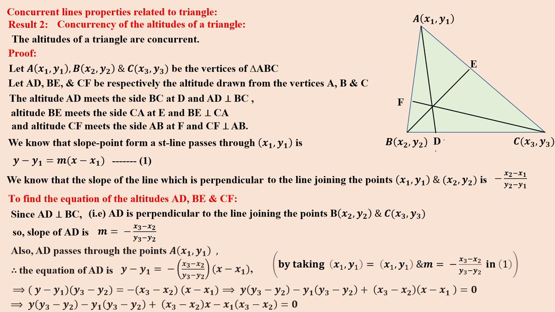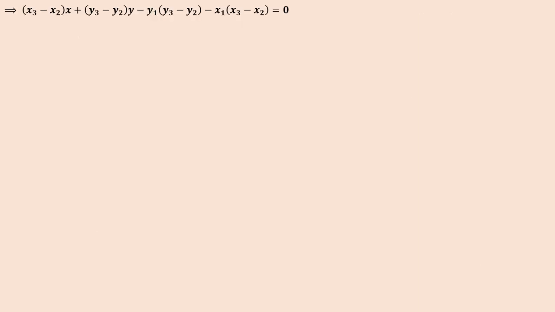Then the x term is (x3 minus x2) into x minus (x3 minus x2) into x1, equal to 0. Writing the x term first: (x3 minus x2) x plus (y3 minus y2) y minus y1 (y3 minus y2) minus x1 (x3 minus x2) equals 0. So this is equation number 2.